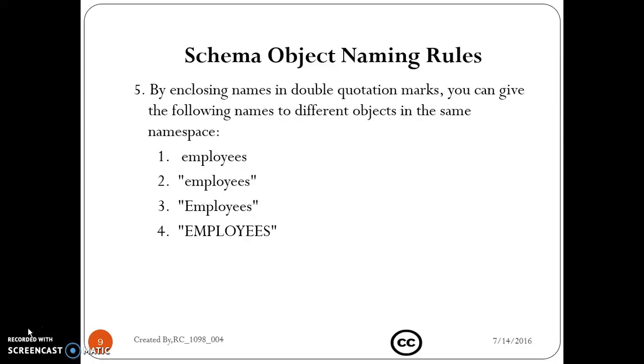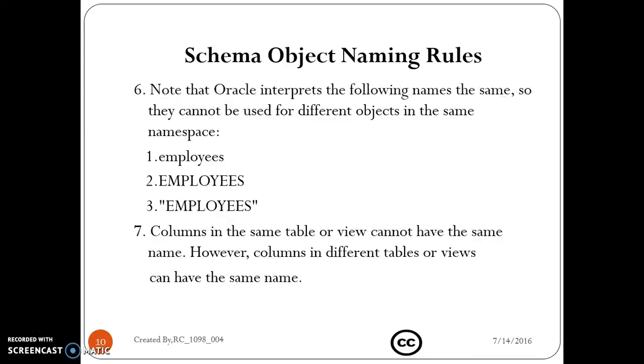By enclosing names in double quotation marks, you can give the following names to different objects in the same namespace: "employees", "Employees", and "EMPLOYEES".